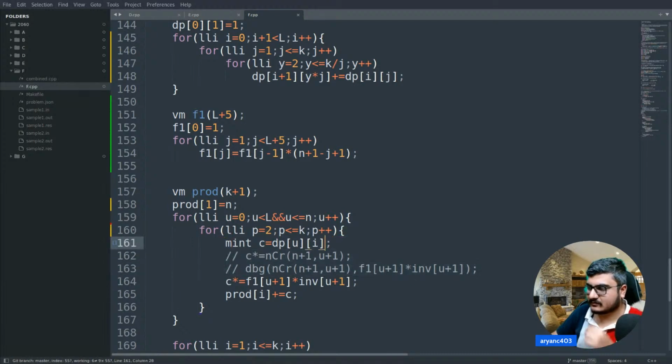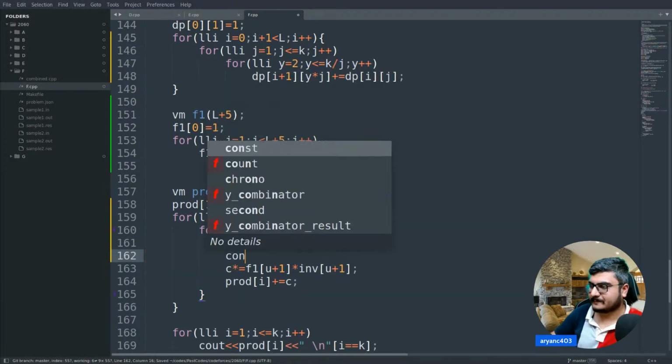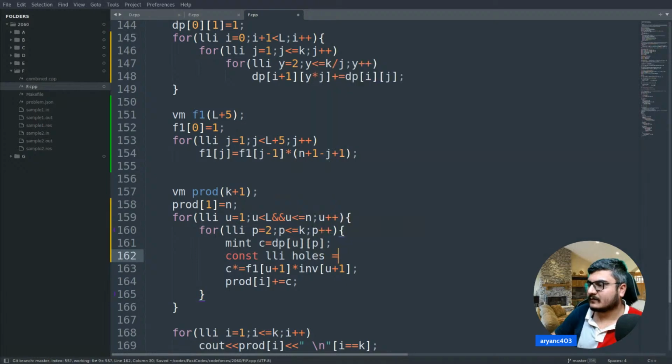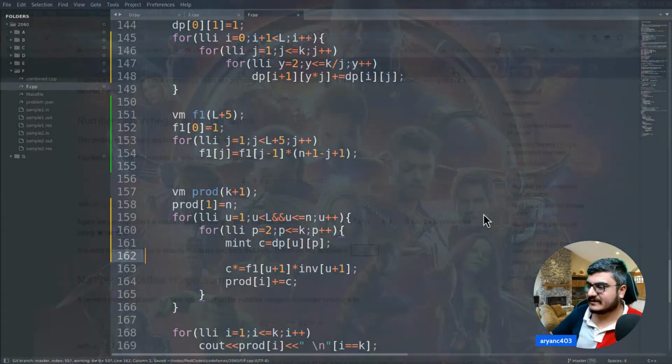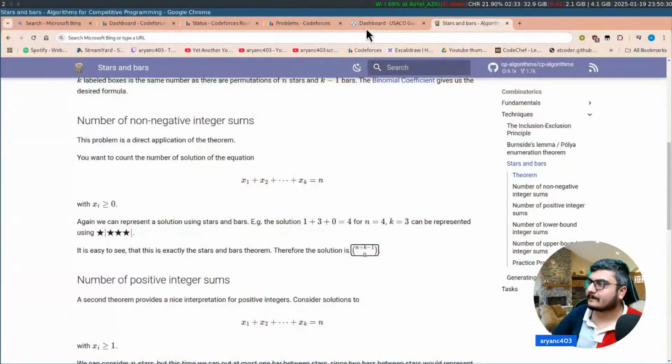You first have the number of arrays, with at least u numbers not equal to 1, and these are the number of possible arrays here. Now you have holes here. Holes would be u plus 1, or you can probably directly plug in the formula we had here.